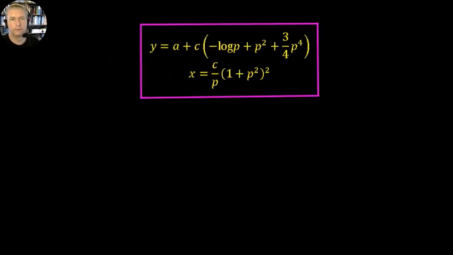So all we need to do is just add the 3 sections up and also add in our constant of integration. So we'll call our constant of integration a. Then we add the 3 up and simplify. We get our value of c into minus log p plus p squared plus 3.4 p to the 4. And the value for x is c upon p, 1 plus p squared all squared.